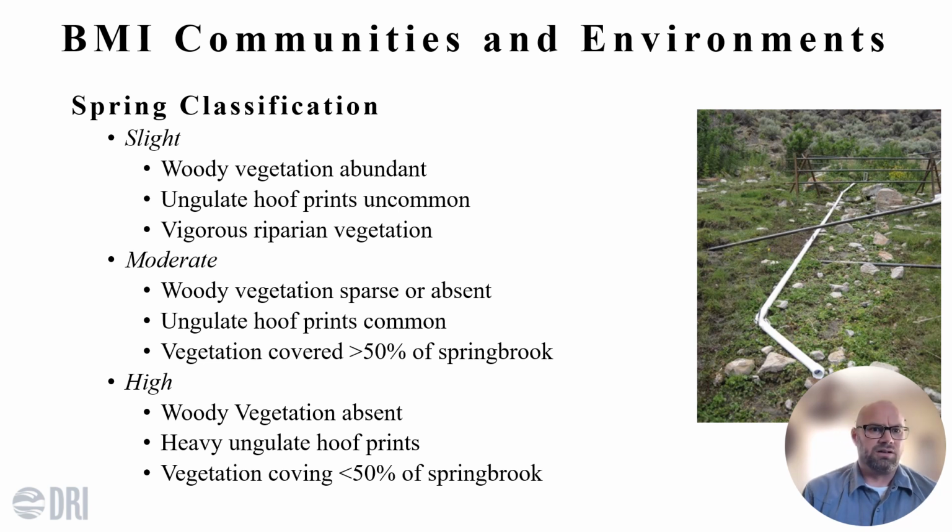We have ungulate hoof prints common. And we still have vegetation cover greater than 50% of the overall springbrook length. And then for high impacts, woody vegetation is absent, there are heavy ungulate footprints, and less than 50% of the springbrook has vegetation cover.